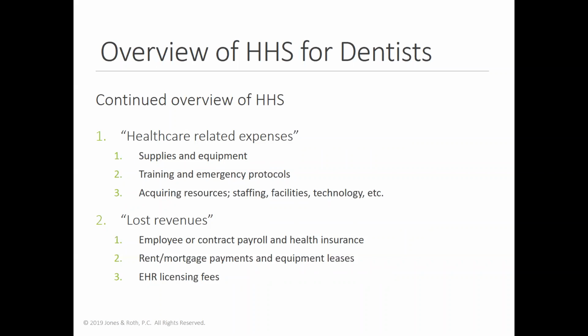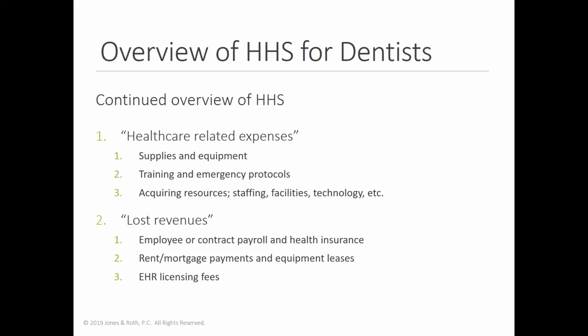Other things that qualify are training and emergency protocols in regard to COVID, such as what happens if somebody is exposed to COVID, and what happens following that. And also acquiring additional resources, which it refers to as acquiring new staff, facilities, technology, etc. It does reiterate supplies and equipment in that as well. Those are all healthcare related expenses that you would include on your application as expenses related to COVID.